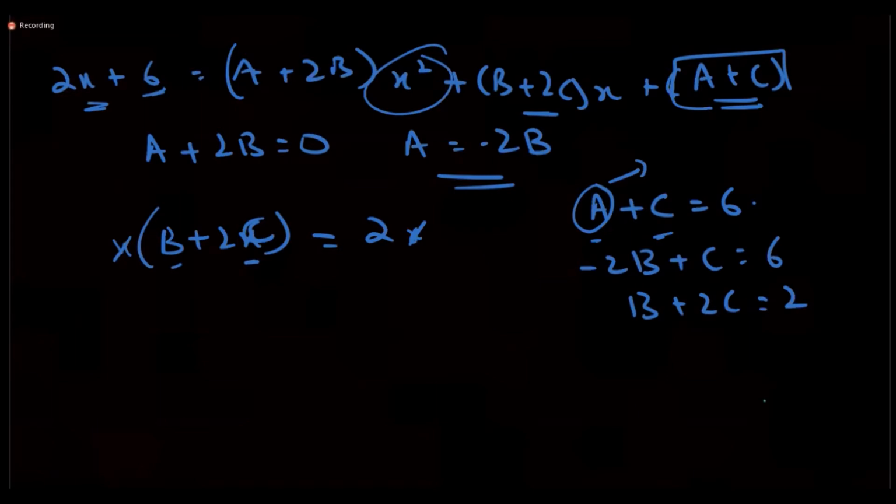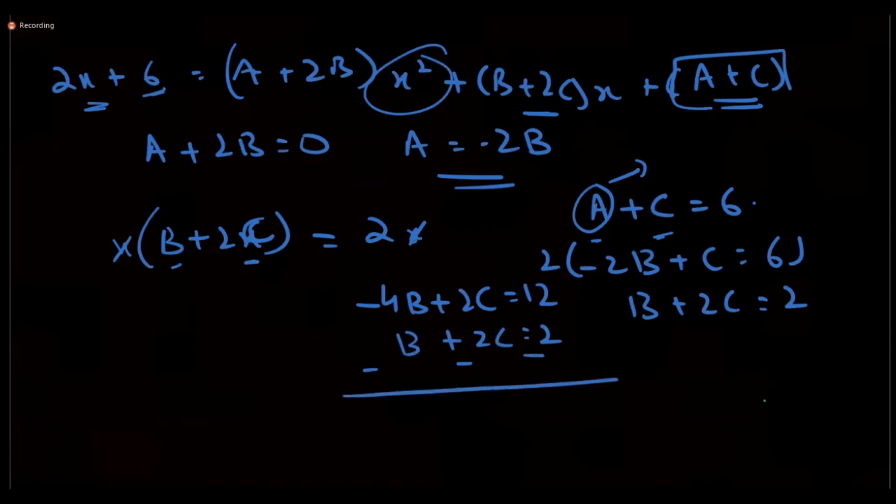If I multiply the first by 2, it becomes −4B + 2C equals 12, and subtracting 2C + B equals 2, it becomes −5B equals 10, so B equals −2.